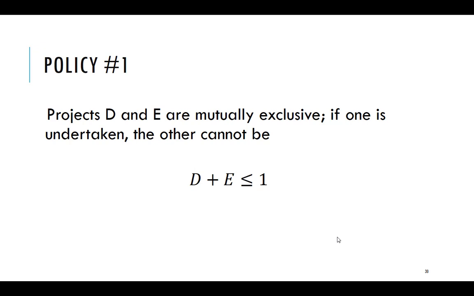If they are both not started, 0 plus 0, that's less than or equal to 1. If D is started, a 1, E cannot be, because E must then be 0, so that 1 plus 0 is less than or equal to 1. If E is started, so E is a 1, D must be 0 in order to satisfy this constraint.